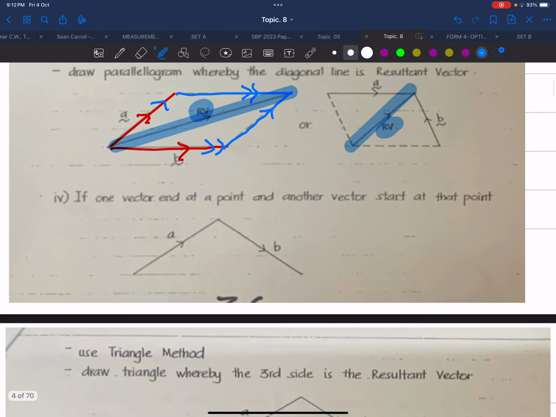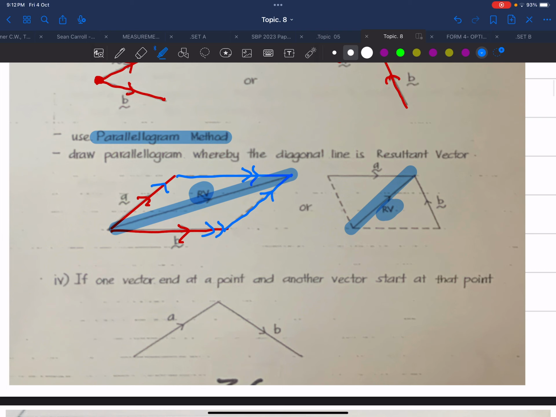There's one last case when the vectors are not parallel, the case of one vector ending at a point. Example, if you see this, this vector A is ending at this point, and then vector B starts from that point. So one is ending, the other one is starting.